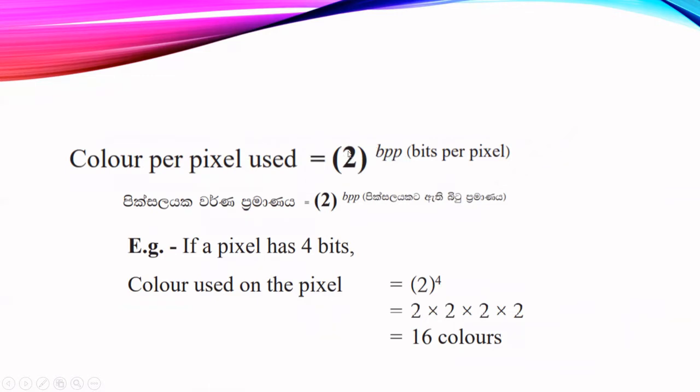Here 2 to the power bits per pixel, where the exponent is the number of bits in a pixel. When we take that as a power of 2, we can find the number of colors per pixel, right?